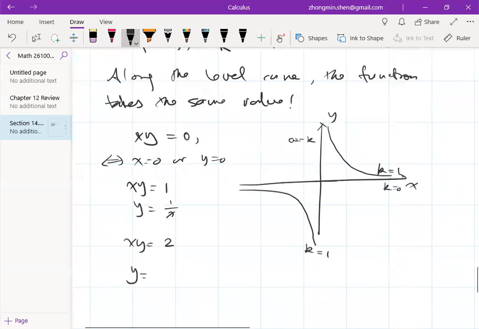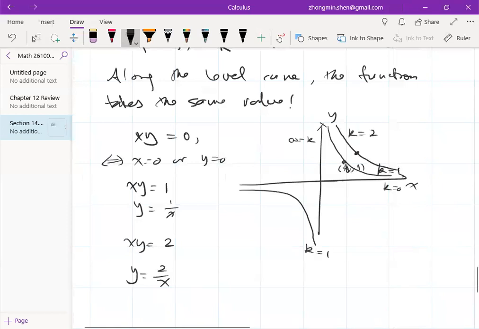Right. So now let's look at xy equals 2, so y equals 2 over x. In my opinion, when x is positive, it's larger than 1 over x, so this should be higher there. And this is the point 1, 1, so it's passing through here.